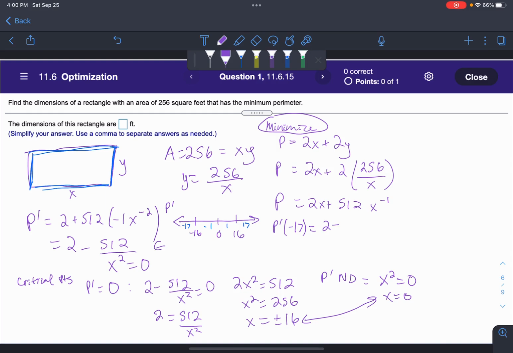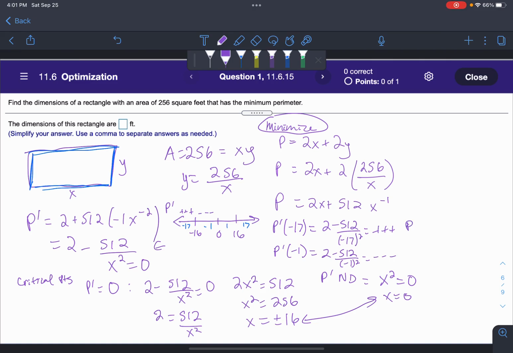So that's 2 minus 512 over -17 squared. So if you do that, I get a positive number. Just plug that in a calculator and see that you get a positive number. When I plug in P prime of -1, I get 2 minus 512 over -1 squared, which will give me a negative number. You can verify that yourself.